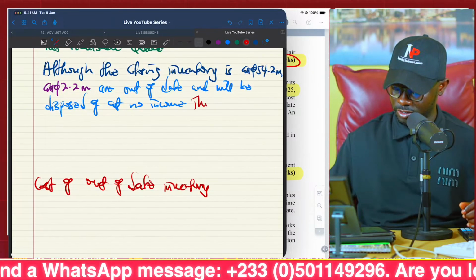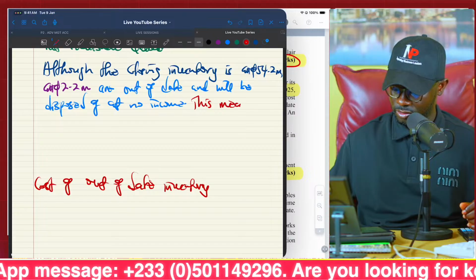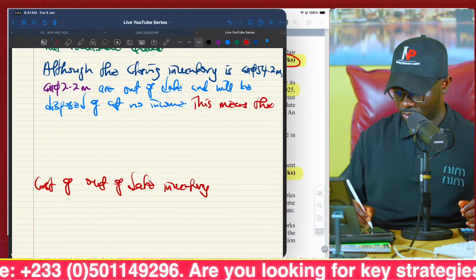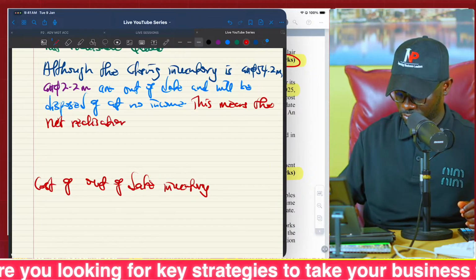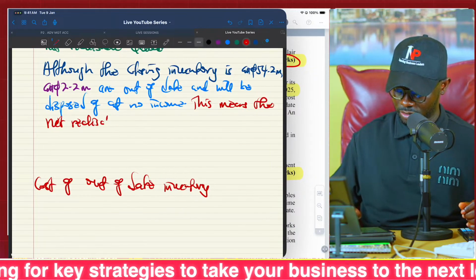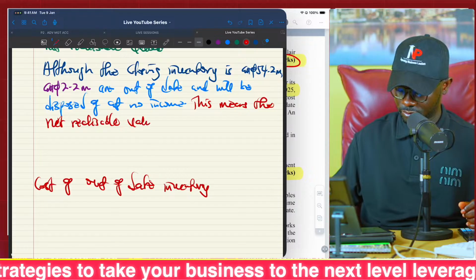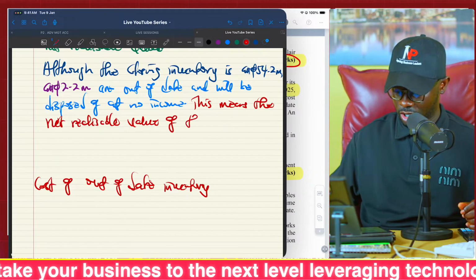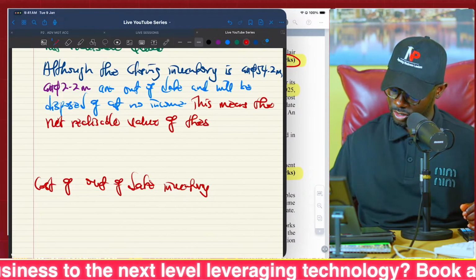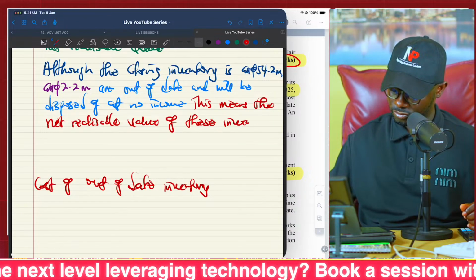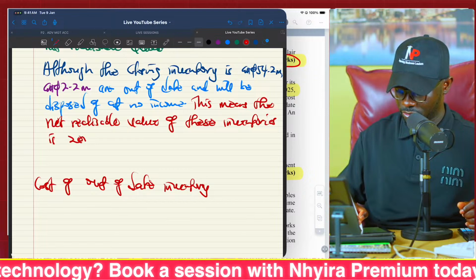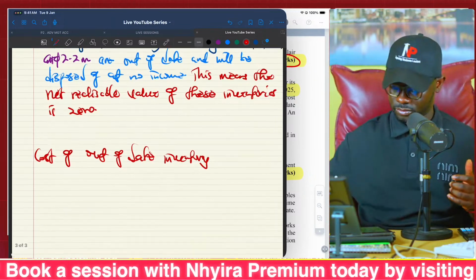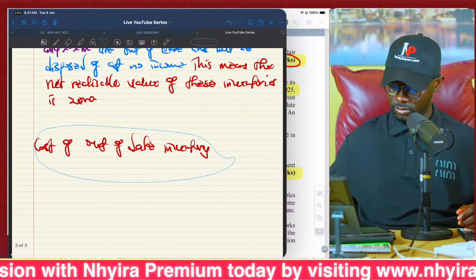This means the net realizable value of these inventories is 0. Okay.